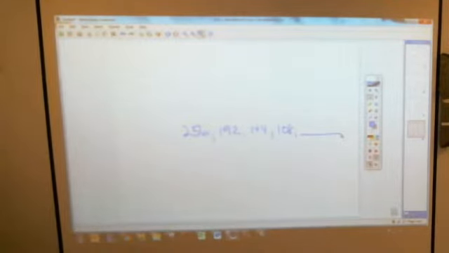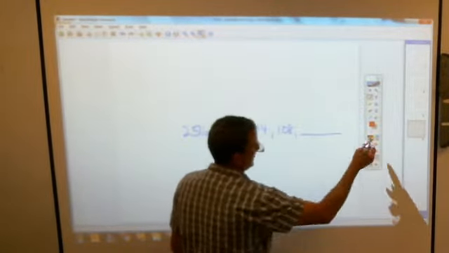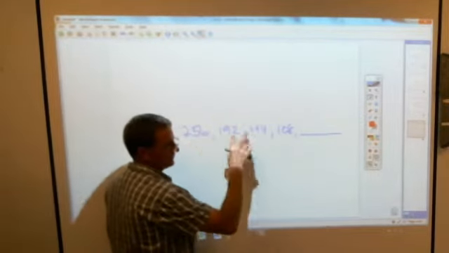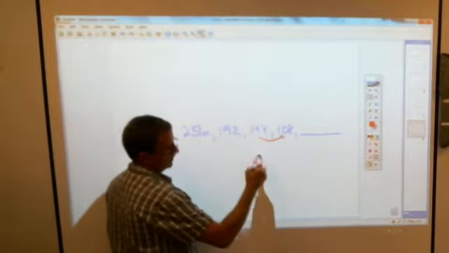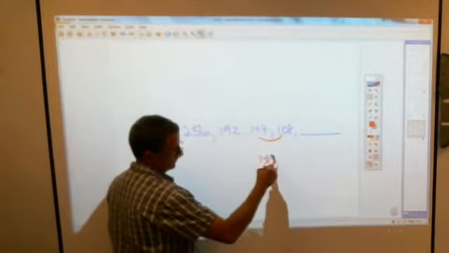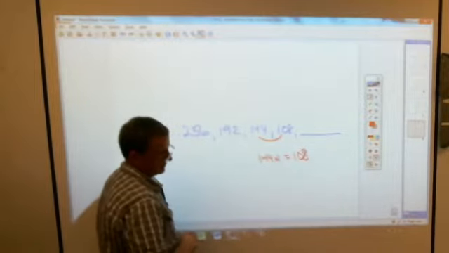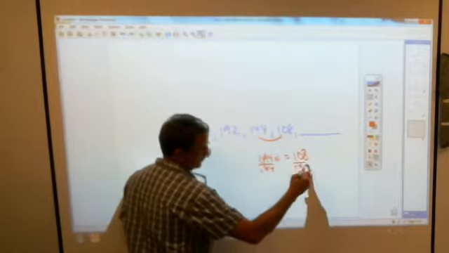The way to figure it out is, again, once you realize that this is not done by plussing or minusing, you could just pick any two terms and do the same thing we just did. Let's pick these two. What times 144 will give me 108? I'll divide by 144, and reduce this.